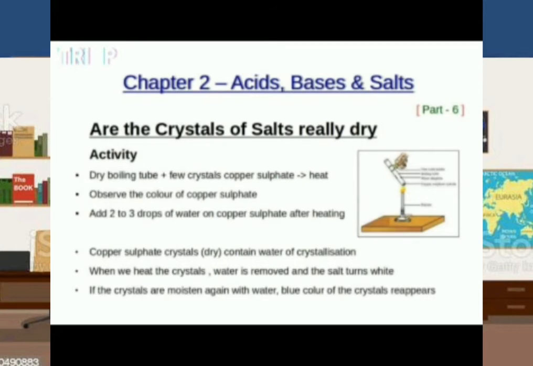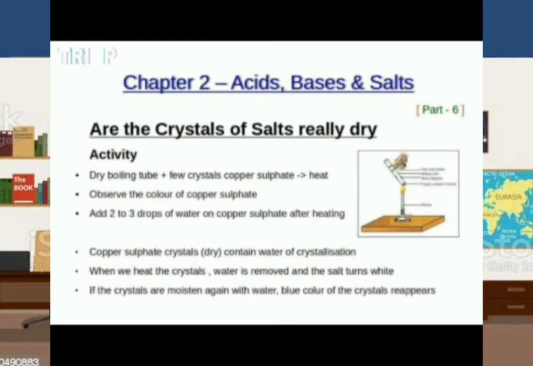After the color changes, add 2 to 3 drops of water on the copper sulfate. The first color will be blue. After heating, we get a white color, that is, the color is lost. After that, when we add 2 or 3 drops of water, the blue color returns. That is, copper sulfate crystals contain water of crystallization.